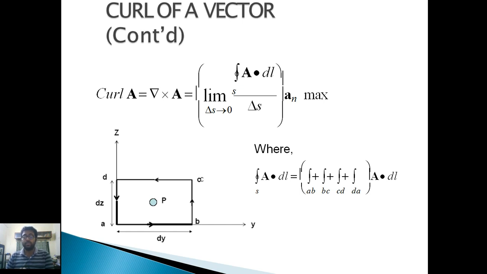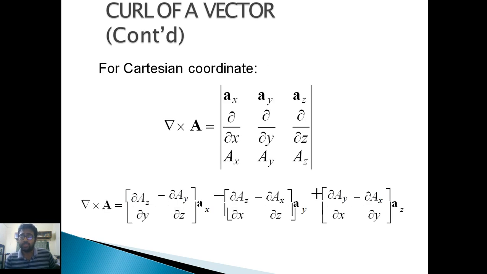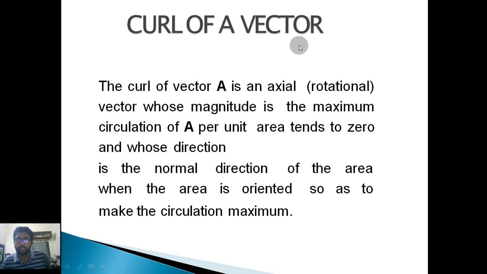If we take a closed loop integral of that vector A, and divide that value by the total surface area, we will get the maximum value of the circulation per unit area. That is what we have described in the mathematical representation, and that is the explanation of the definition.